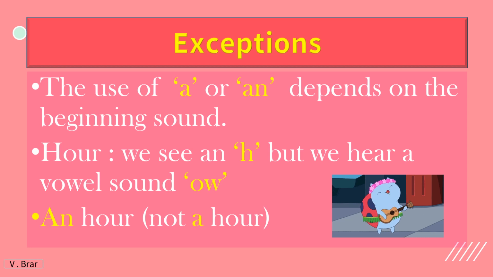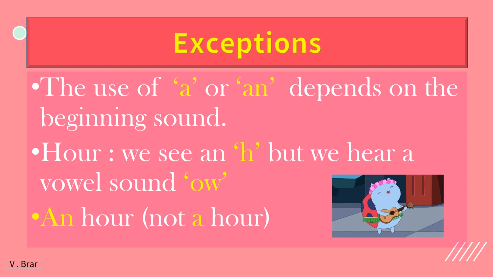Now there are some exceptions. The use of a or an depends on the beginning sound. So the word might start with a consonant or a vowel, but we really need to listen to how the word is pronounced. For example, hour.